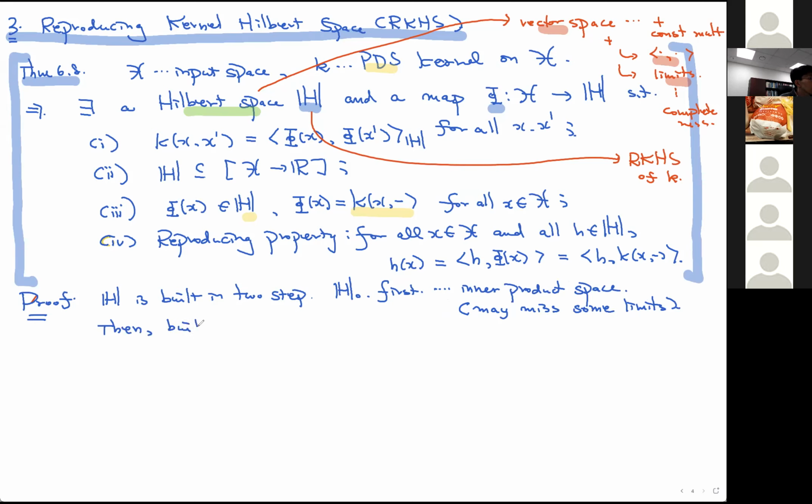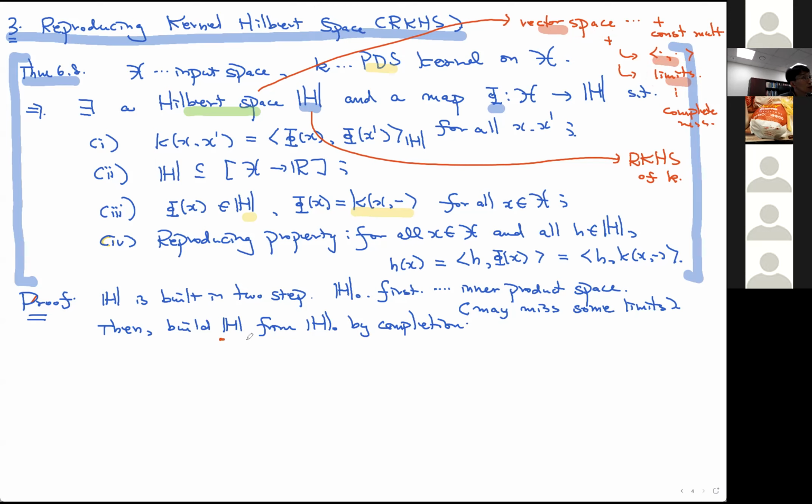Then we build H from H0 by so-called completion. Intuitively, we want to construct a Hilbert space. A Hilbert space has to be a vector space with inner products and limits. What I'm saying about H0 is that it has almost everything, except that it may miss the limits.